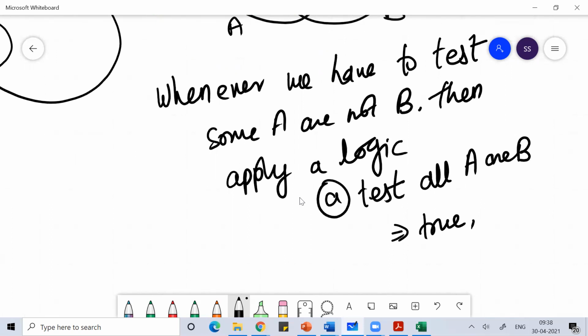If you can prove that all A are B is true, then some A are definitely not B does not hold.